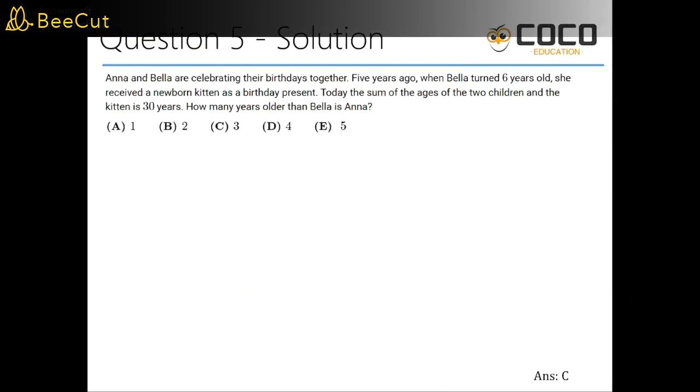Question 5. A and B are celebrating their birthday together. It says that 5 years ago, Bella turned 6 years old. She received a newborn kitten, so the kitten is 0 years old. Today, the sum of their ages is 30.